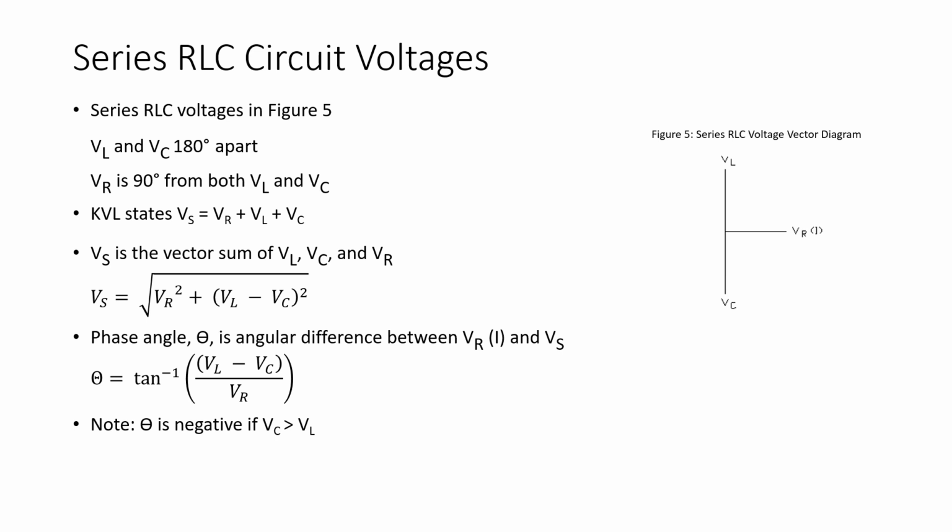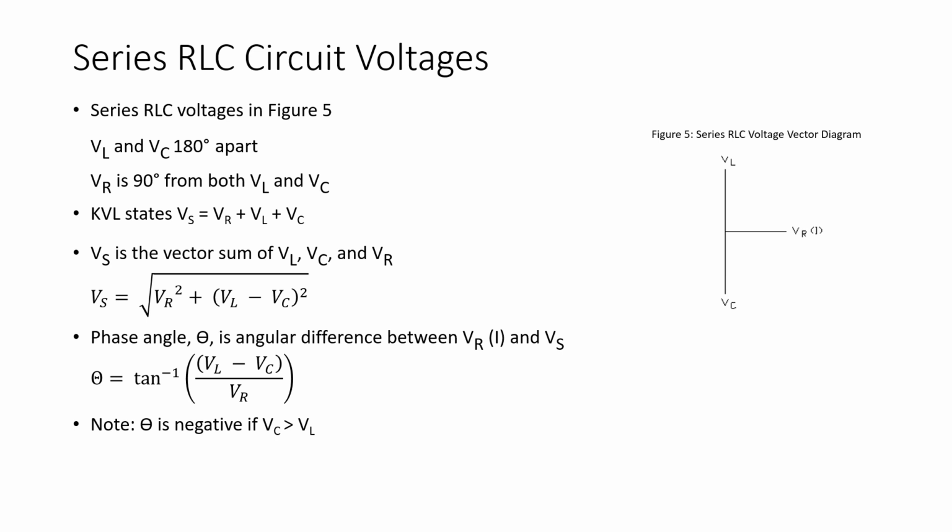So we look in Figure 5 at the vector diagram for the voltages in this series RLC circuit. And again, the resistor voltage is our reference voltage along with current. And the inductor voltage is at positive 90 degrees, and the capacitor voltage is at negative 90 degrees.